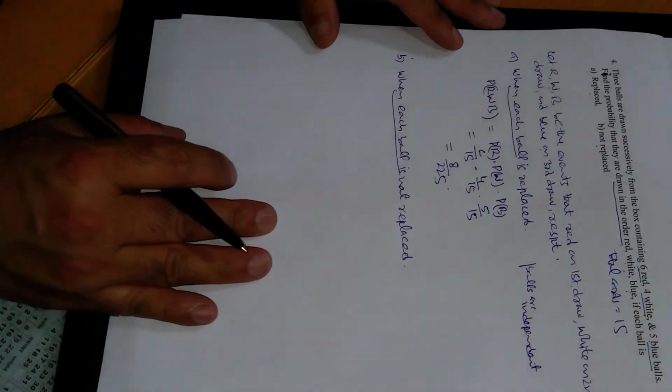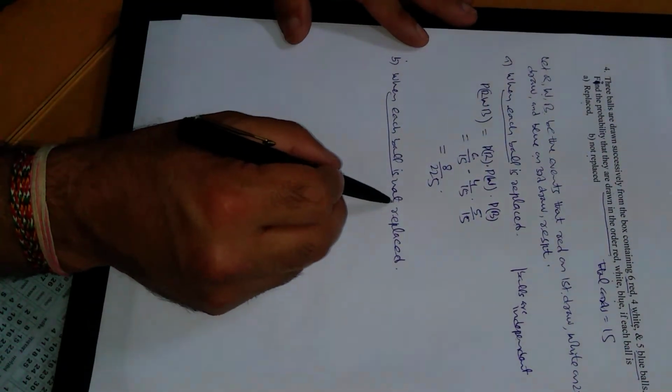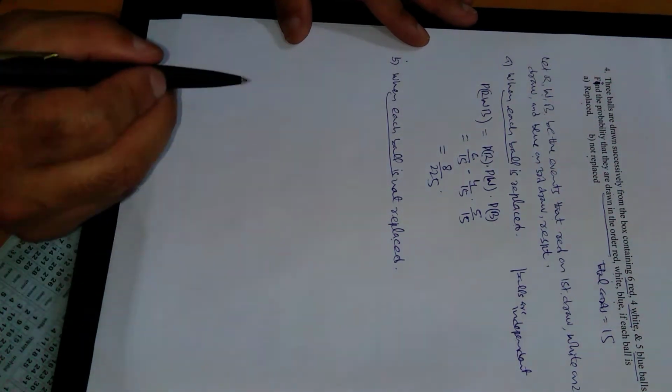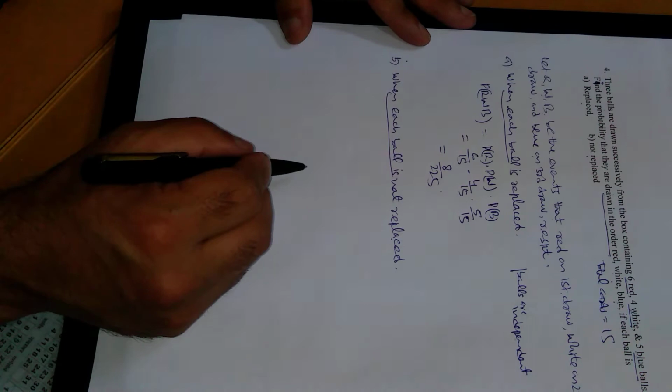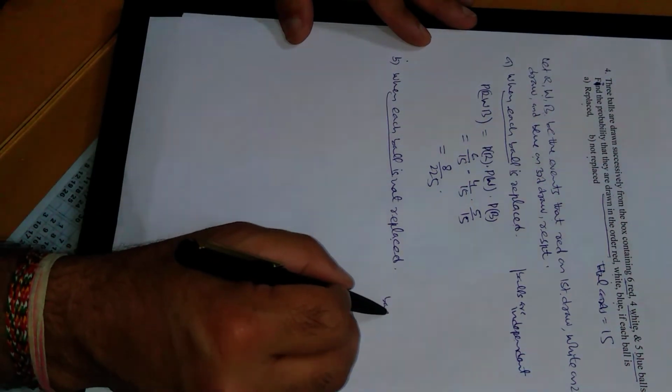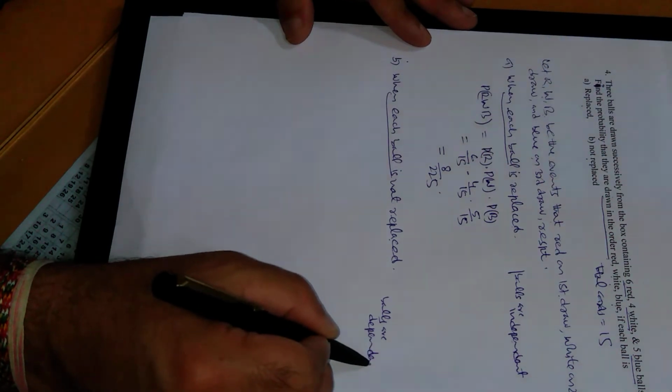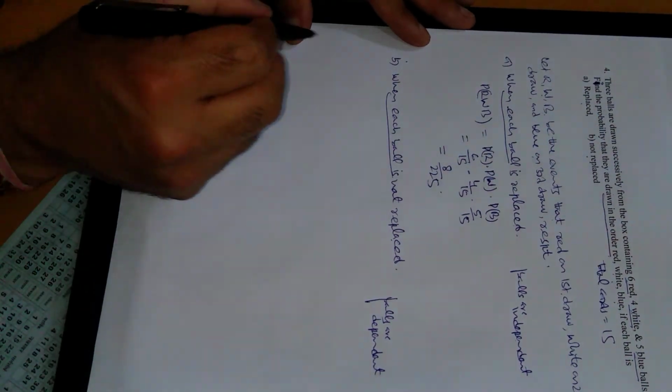Alright. Now the second part, when each ball is not replaced. It means once a ball is drawn, it is not again available for selection. So the draws are dependent, and in this case there will be conditional probability.